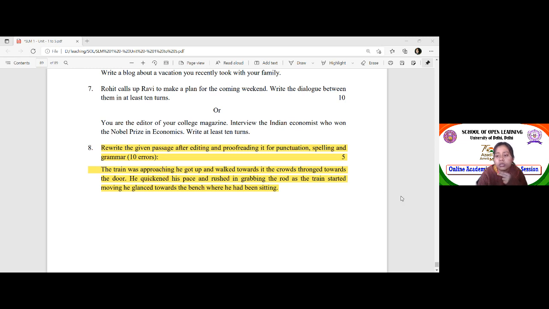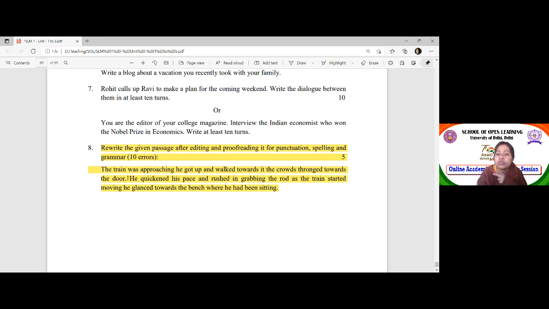Why would "walk towards the crowd" not be there, Lavanya? Whatever is there, you don't have to eliminate anything. Read the question. They said proofread for punctuation, spelling, and grammar, which means you're supposed to look for punctuation, correct spelling, and correct the grammar. So you're not supposed to edit out anything.